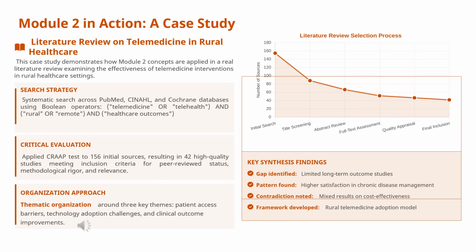First, you will start by searching databases using terms like telemedicine, telehealth, rural or remote settings, healthcare outcomes in databases like PubMed, CINAHL, Google Scholar, and African Journals Online, JSTOR, etc. So your initial search might yield hundreds of results.